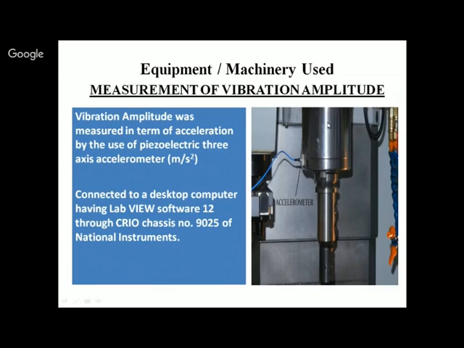And the third one is to capture the vibration amplitude of the tool. For that I have attached a 3-axis accelerometer from National Instruments. This accelerometer is attached to the spindle of my CNC machine, which is connected to a desktop having LabVIEW software through this cRIO.